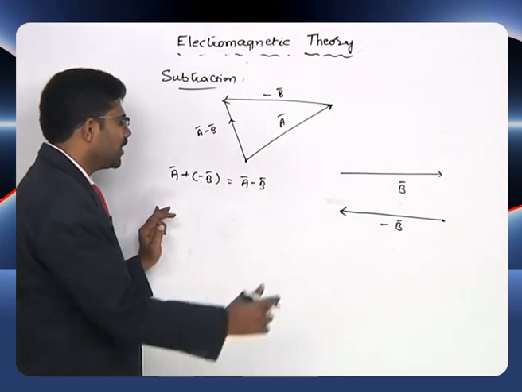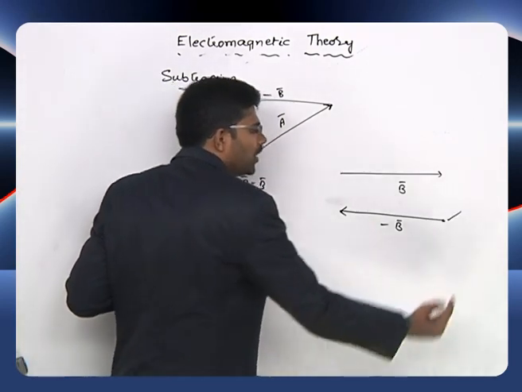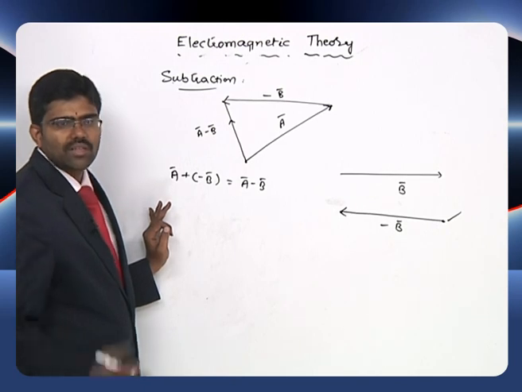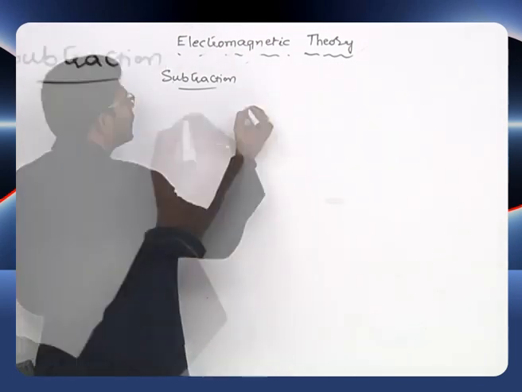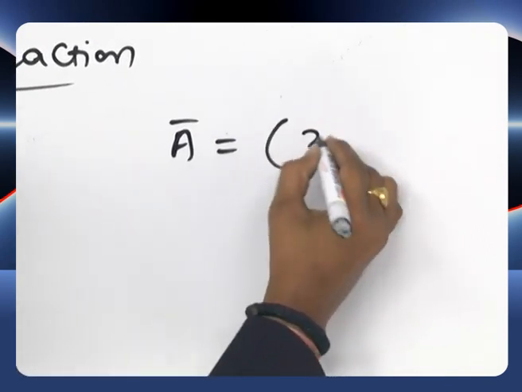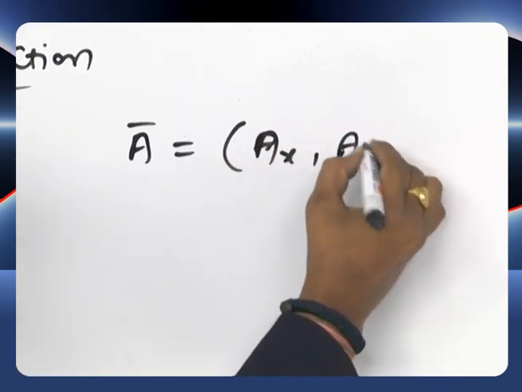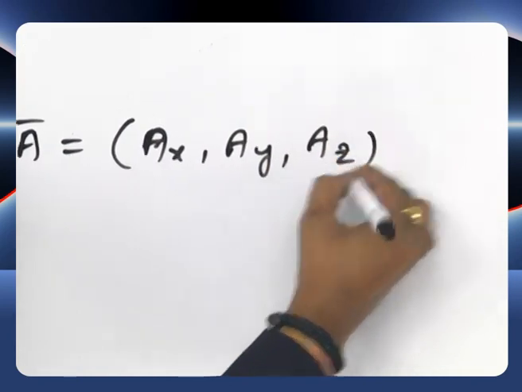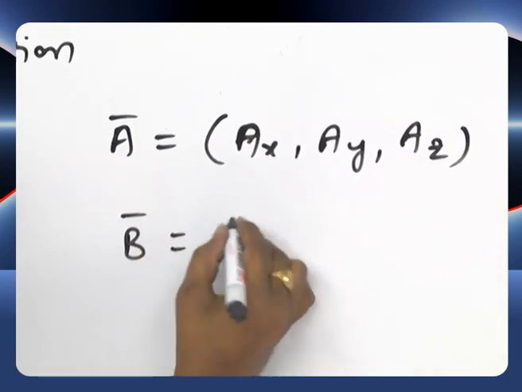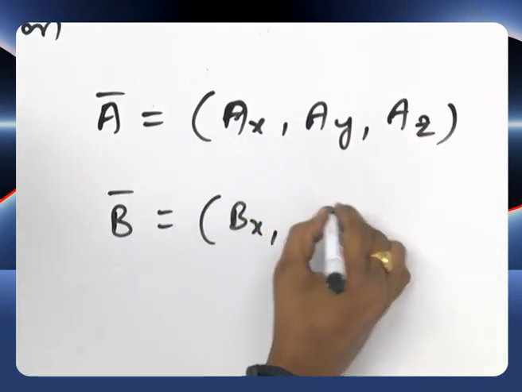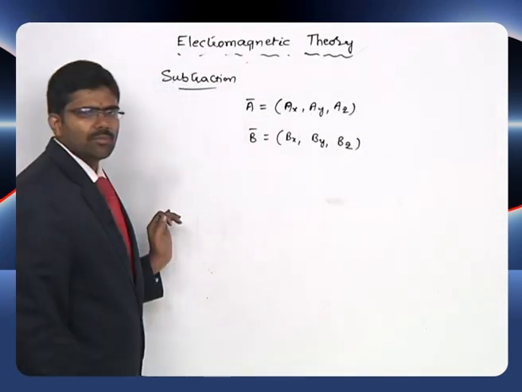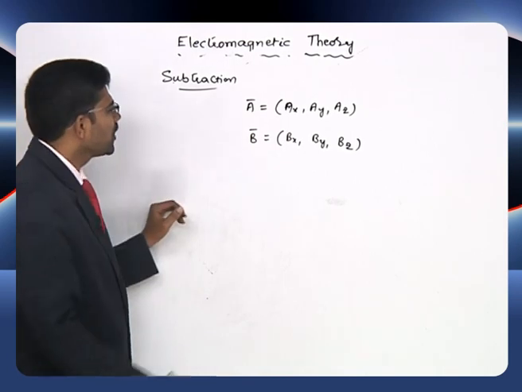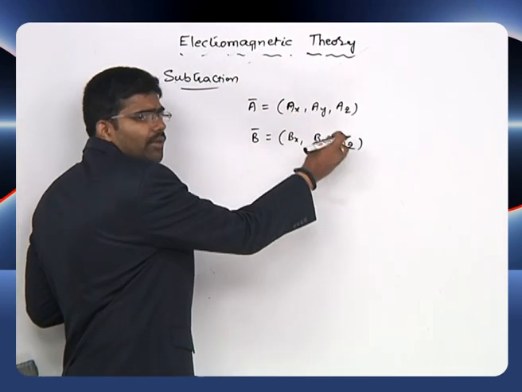The subtraction will take place with the help of alteration of one vector, that the direction will be changed, right. So if we have points, that is a bar, if you generalize this one as ax, ay, az, and b bar as bx, by, bz, the subtraction is similar to the addition, that the corresponding points will be subtracted.